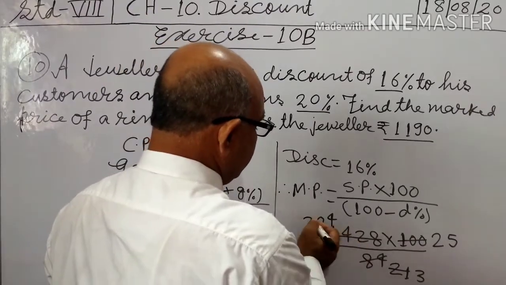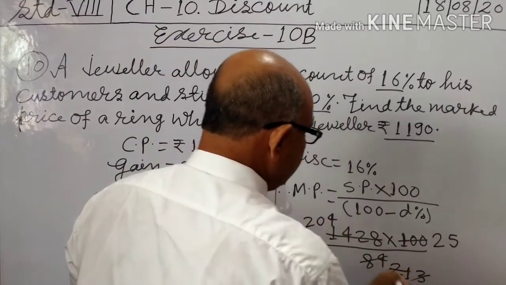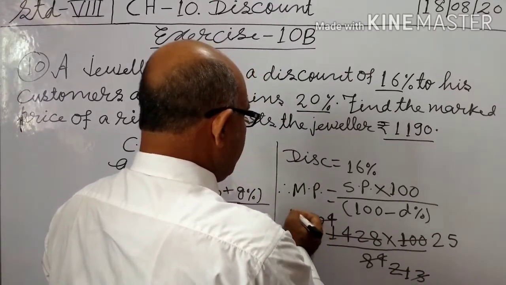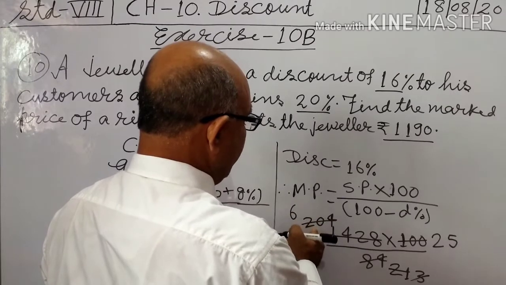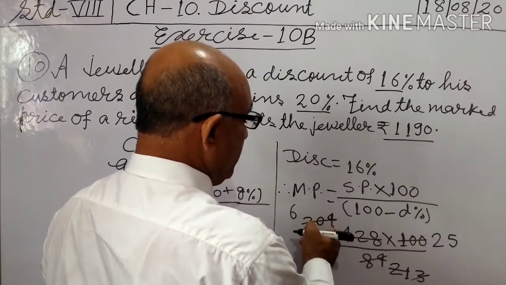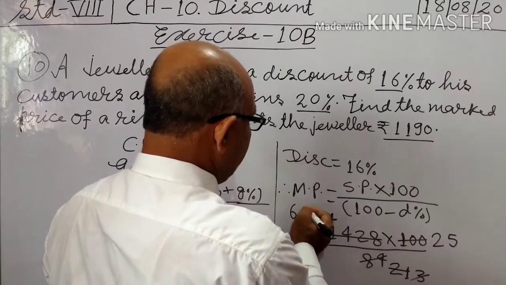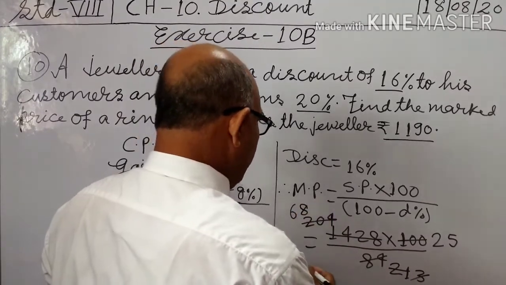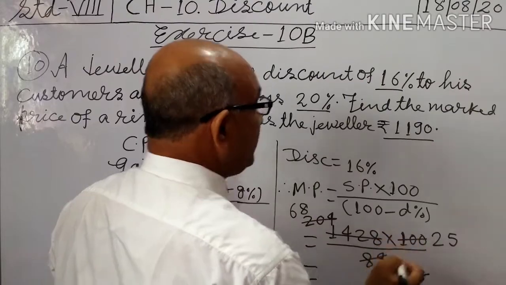Now 3 times, divide 204 by 3. 3 sixes are 18, 3 fours are 12, 24, 3 eights are 24. Now multiply 68 and 25.